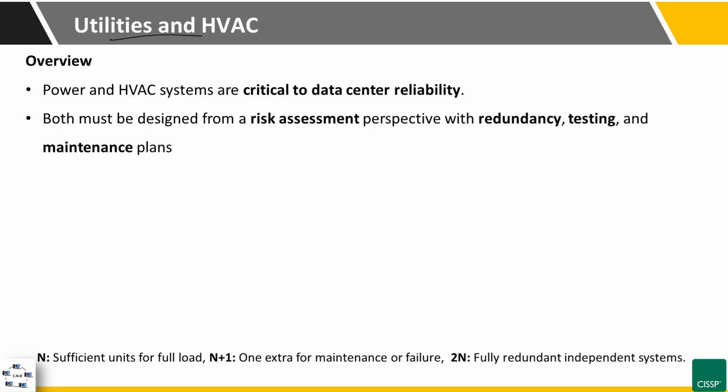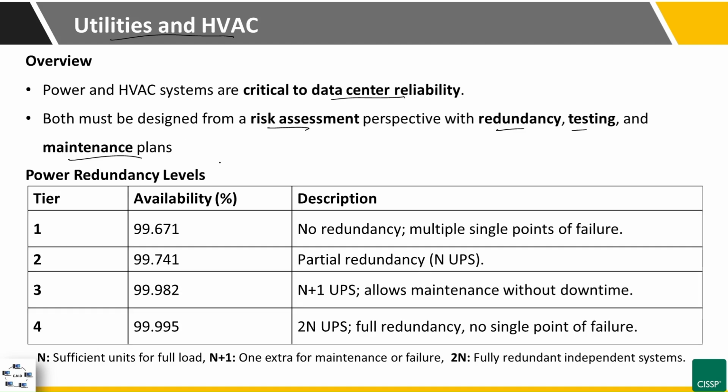Utilities and HVAC. Power and HVAC systems are critical to data center reliability. Both must be designed from a risk assessment perspective with redundancy, testing, and maintenance plans. These are the power redundancy levels.